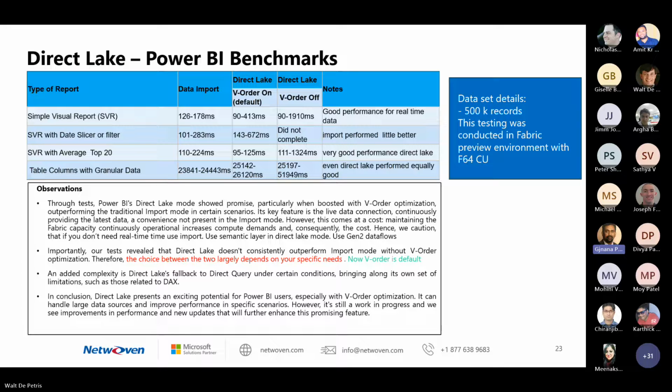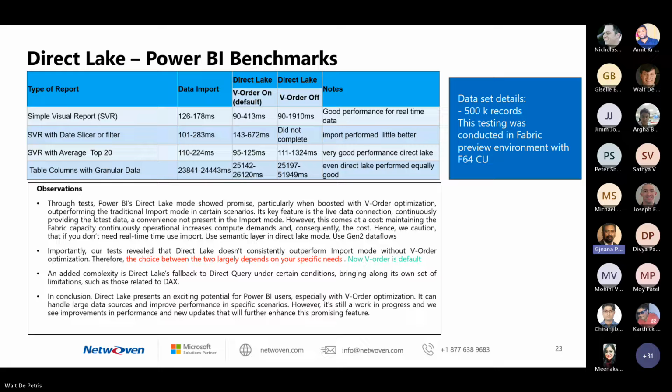When things are moving underneath in Microsoft Fabric, we may see this variation. But we do see a benchmark of 90 milliseconds with a simple visual report. This is a good sign. Then it also comes in at 90 to 1910 milliseconds. It's good performance for real-time data.